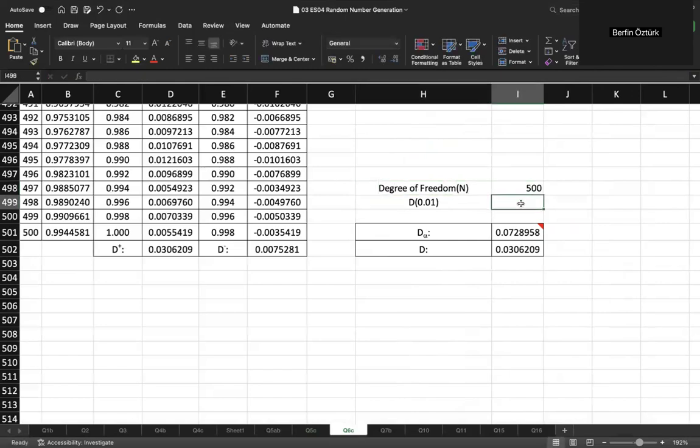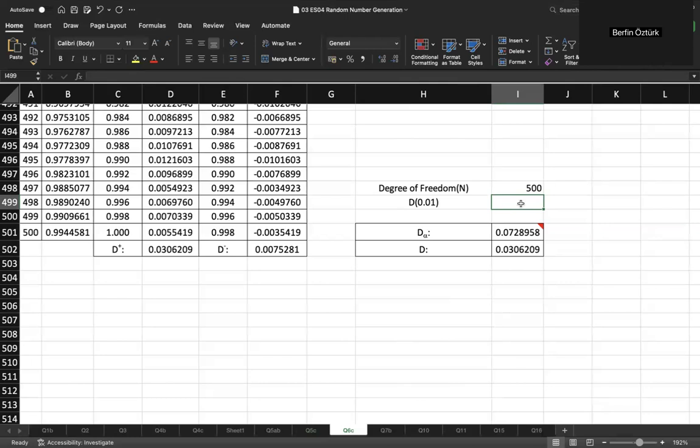It is 500. For 500 degrees of freedom, we are looking for the D with a significance level of 0.01. On the table, we have values for degrees of freedom up to 35. Over 35, we are given 3 different formulas for different significance levels.